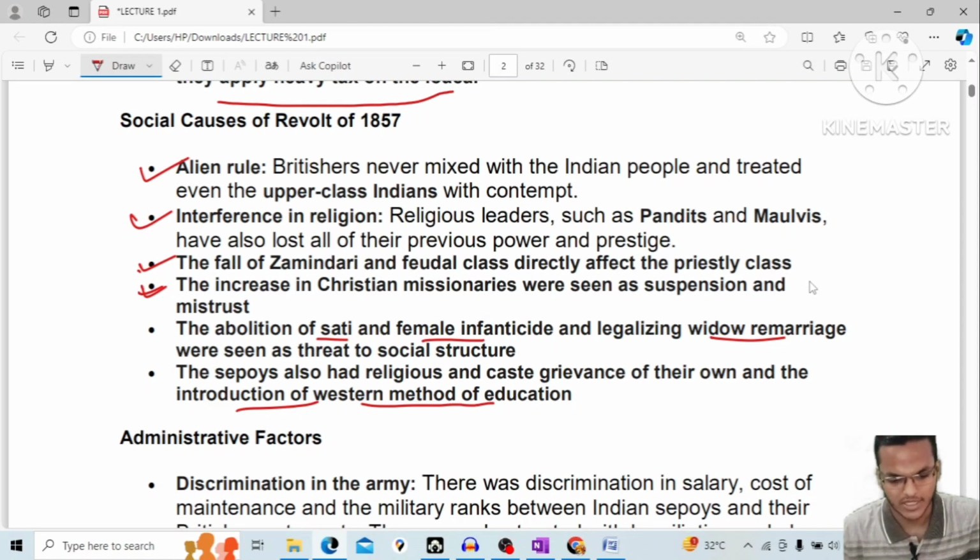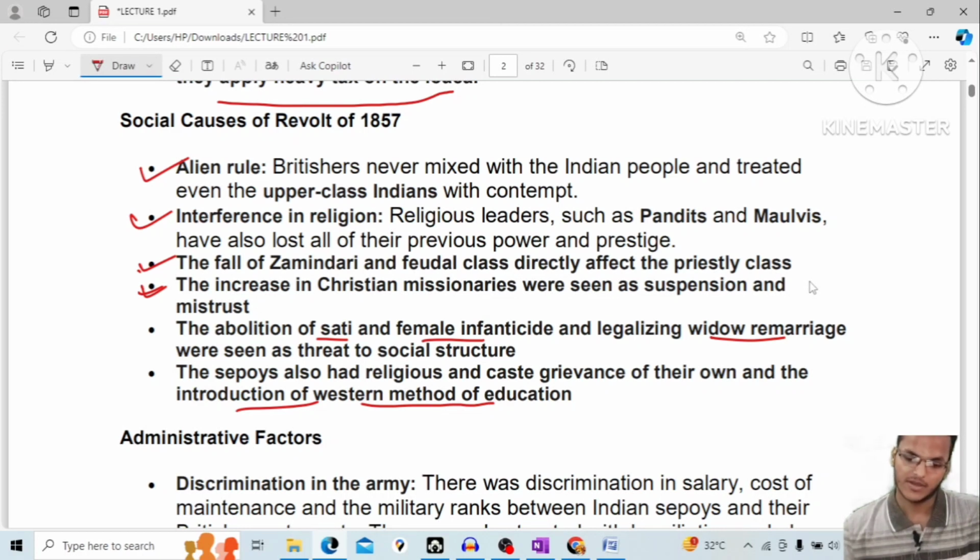So if you will see some major points: Western education, caste, religious, upper class, lower class, abolition of the sati or female infanticide, widow remarriage. So these things should not be there.